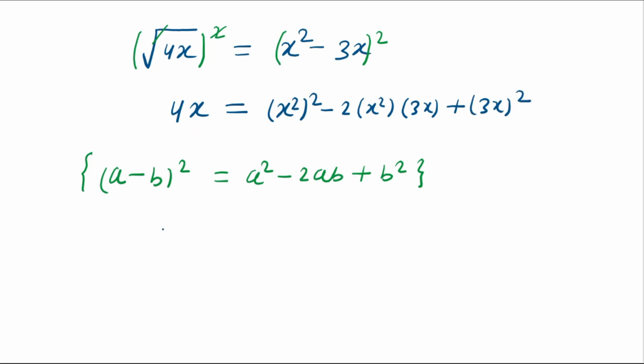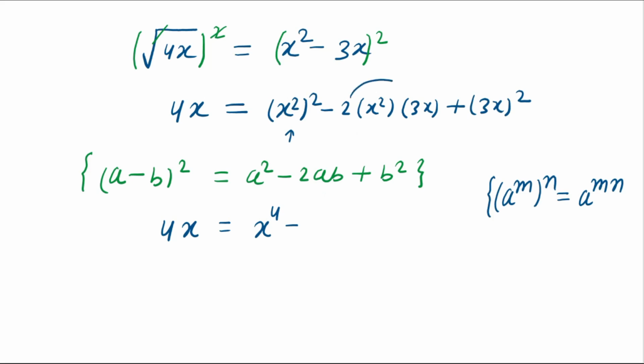On the left hand side we have 4x, and on the right hand side, if we apply the rule (a power m) power n equals a power m times n, then this expression is the same as x power 4 minus 2 multiplied by 3, so you will get 6. x square multiplied by x gives x power 3, and plus 3x whole square is 9x square.